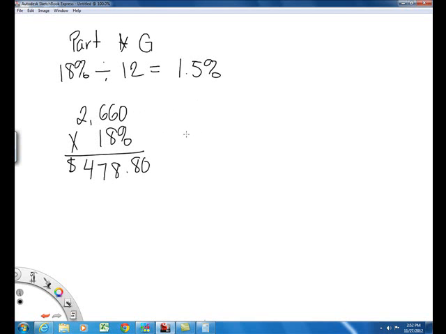So they want to know if you borrowed $2,660 at 18% interest, that means they're charging you $478.80. What is the amount to be repaid? So you'll have to repay the amount of the loan plus the amount of the interest or the finance charge.